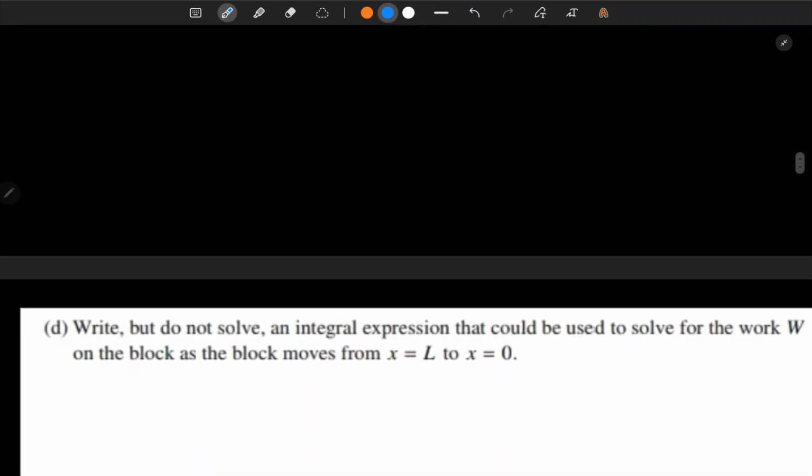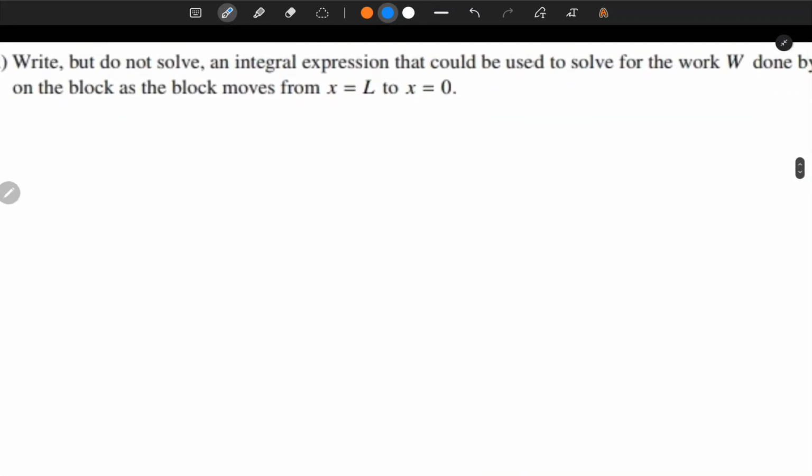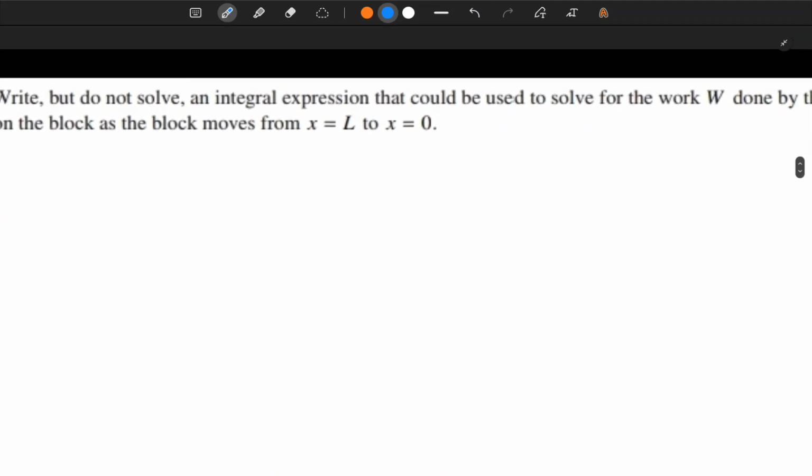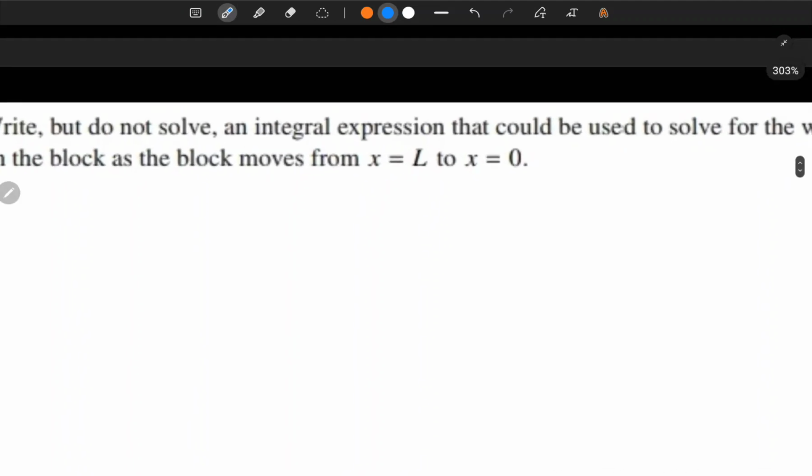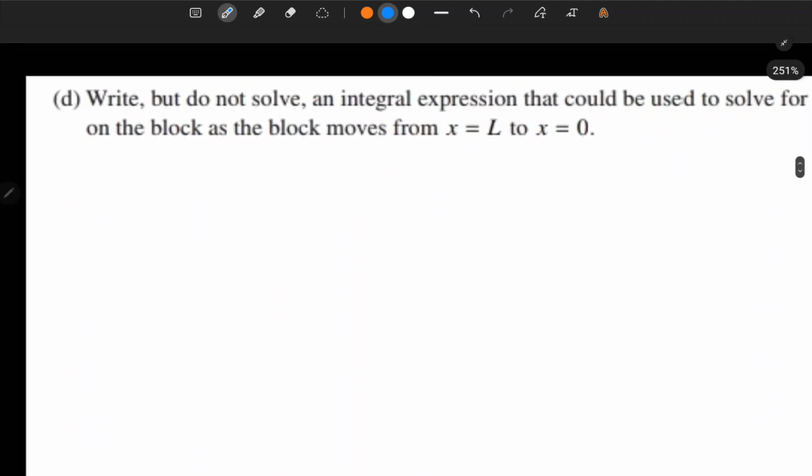Moving on. Write but do not solve an integral expression that could be used to solve for the work W done by the string on the block as the block moves from x equals L to x equals 0. Well, the work is given by the following equation.